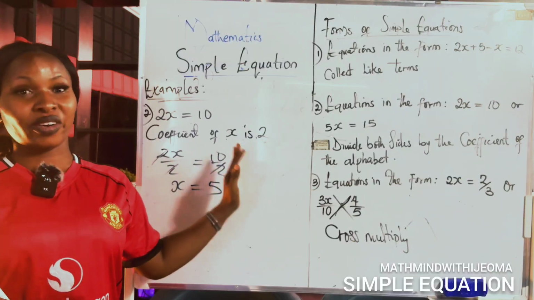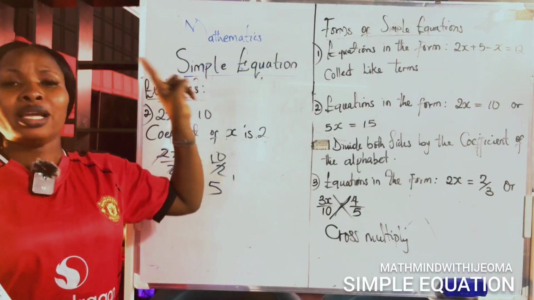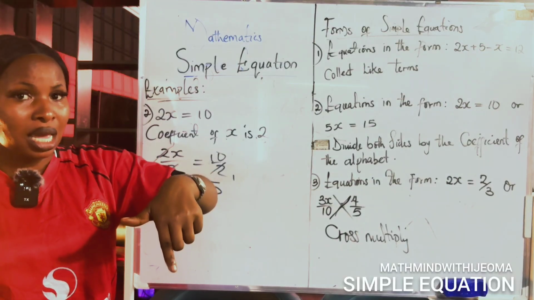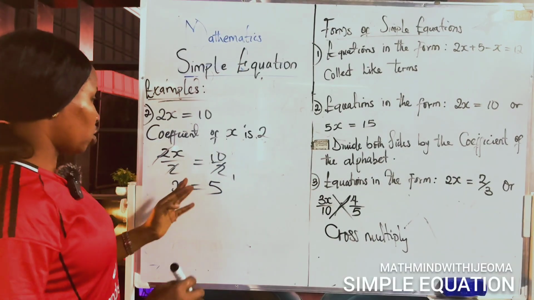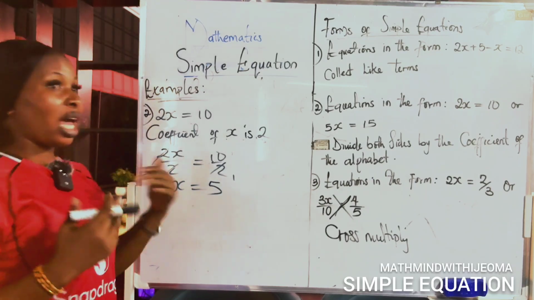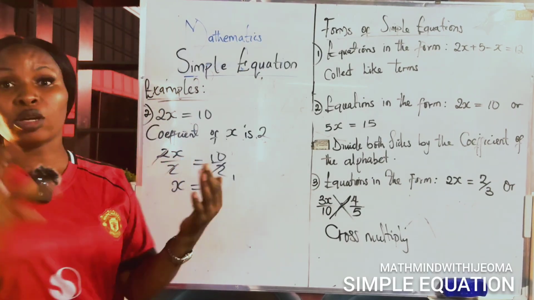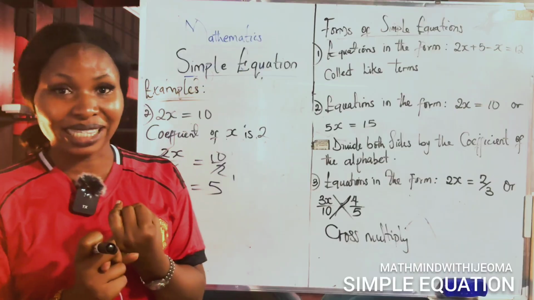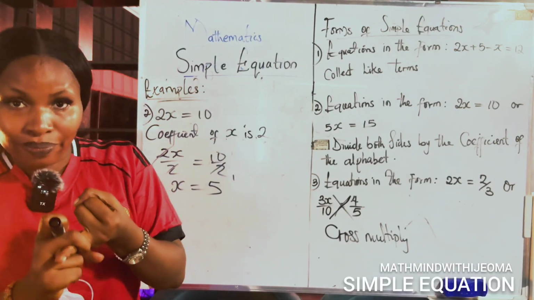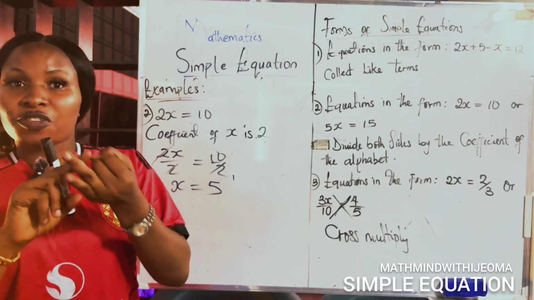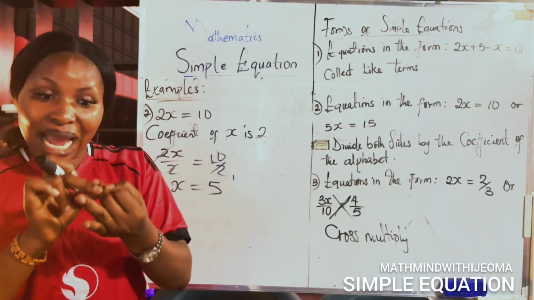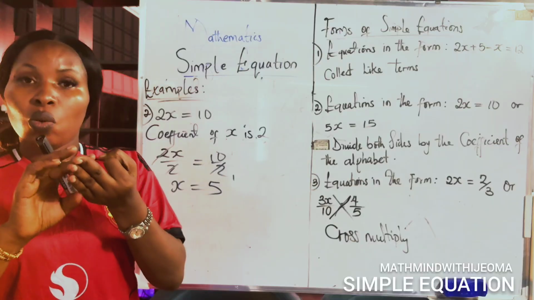Another way of dividing, remember in my previous class I told you that division is a repeated subtraction. How is it a repeated subtraction? If I don't want to divide this, 2 times what will give me 10? I just go straight. I can say 10 minus 2 is 8. I've subtracted once. 8 minus 2 is 6. I've subtracted twice. 6 minus 2 will give me 4.